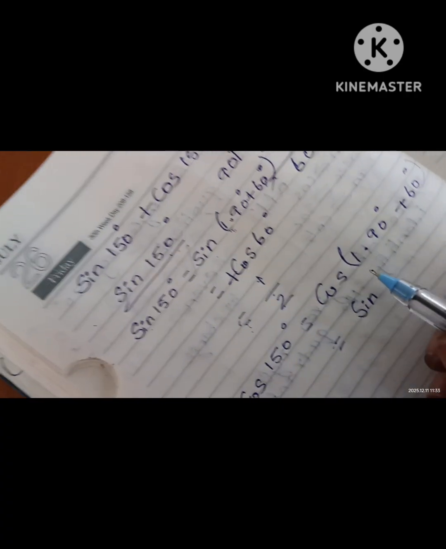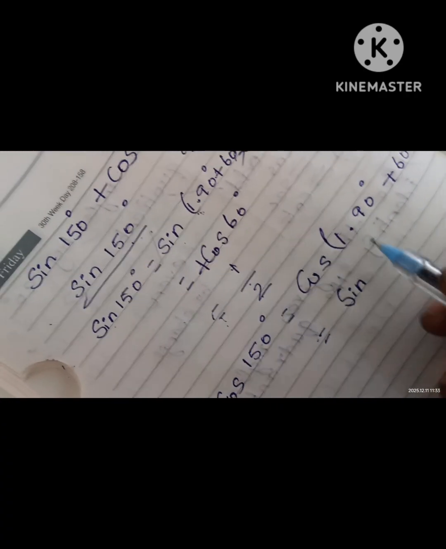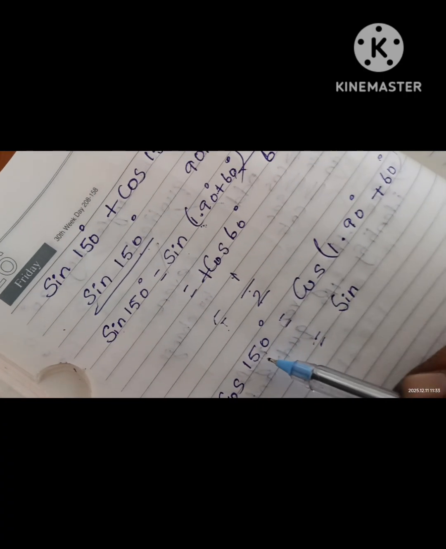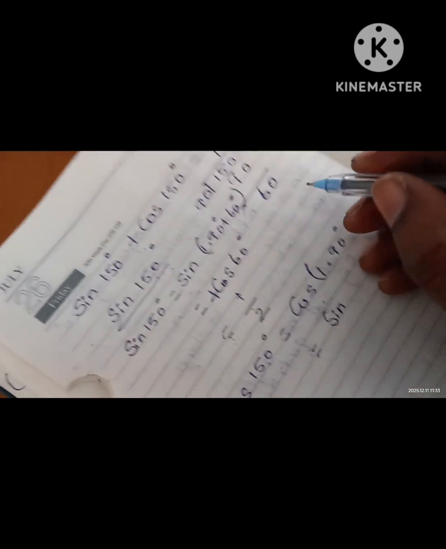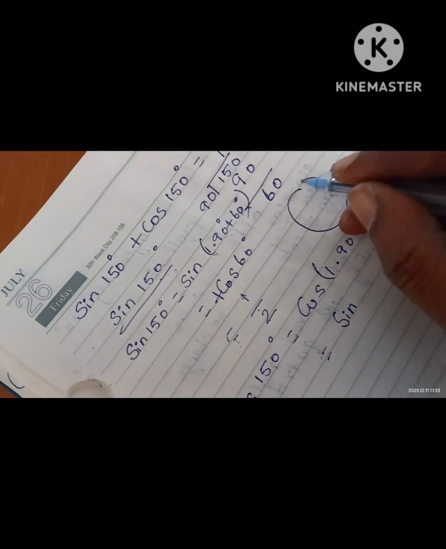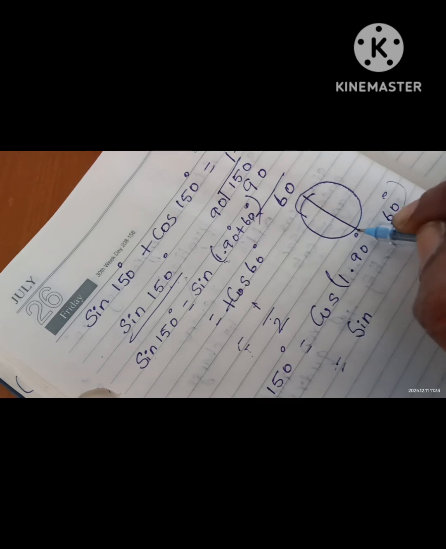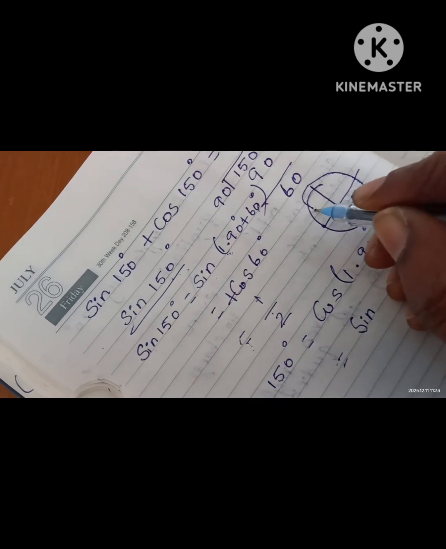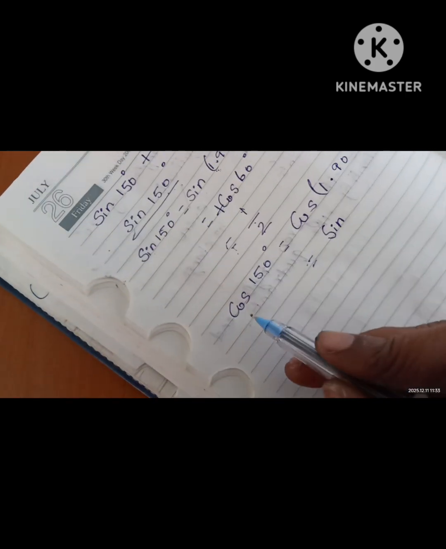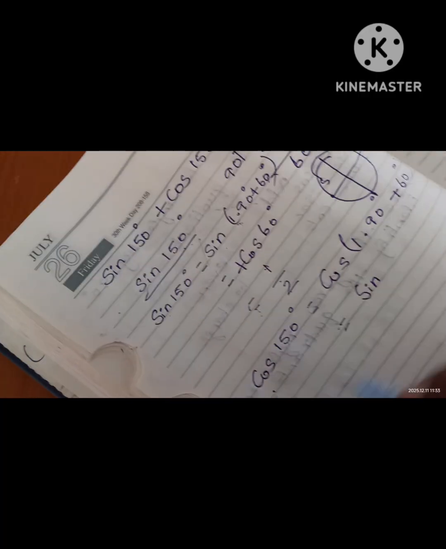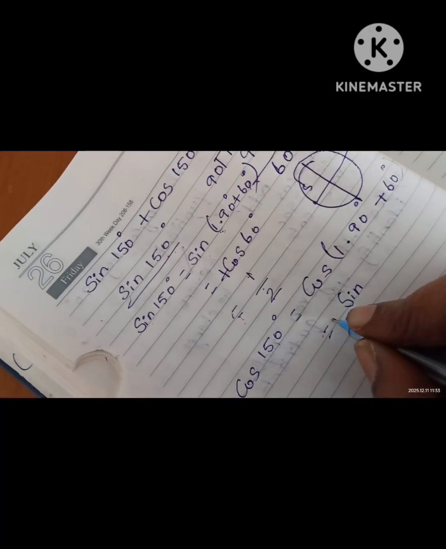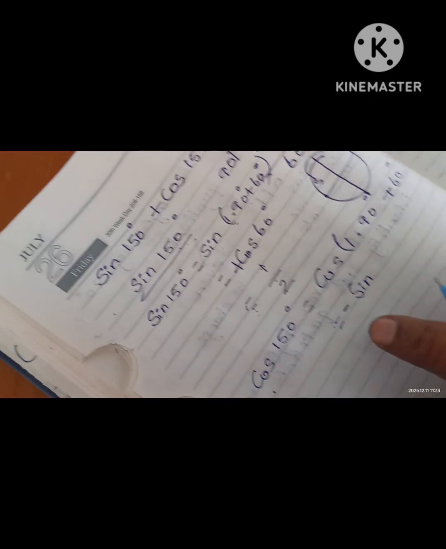Then we have to see the quadrant. This 150 degree lies in the second quadrant, but in second quadrant, what will be positive? Only sine. But here what is given? Cos. So the sign will be negative. The symbol will be negative.